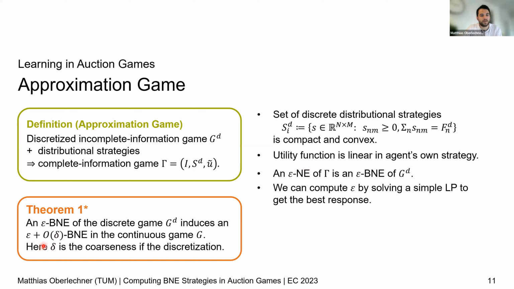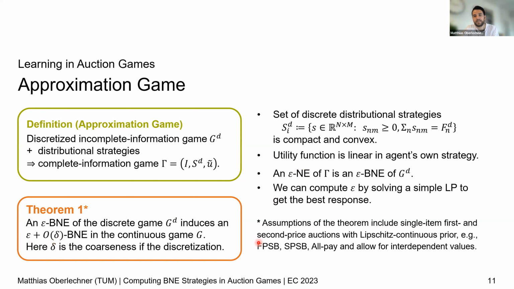And this approximation has some additional term which depends linearly on the discretization of the spaces. For this result, we had to make some assumptions, but these assumptions still include many settings such as single item first and second price auctions, all-pay auctions, and stuff like that.